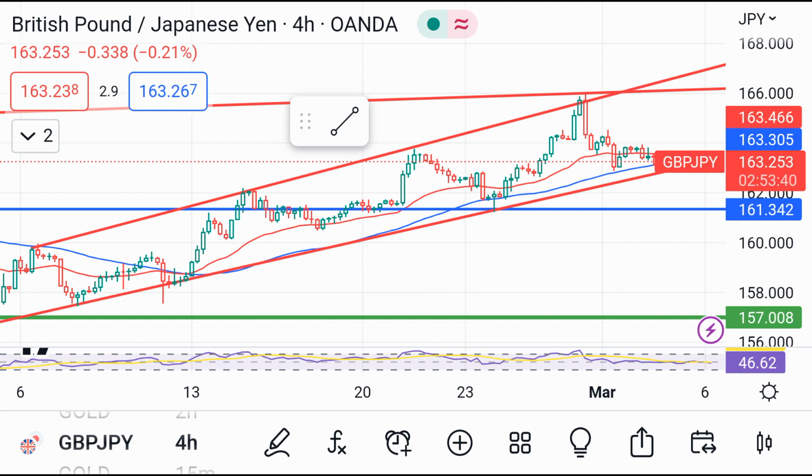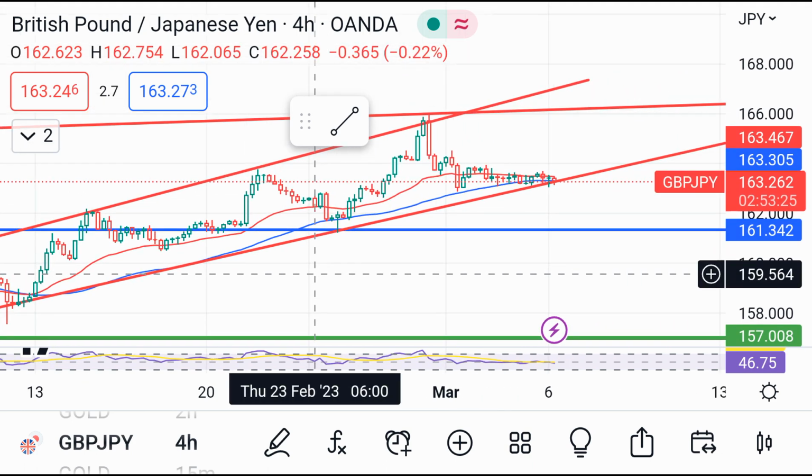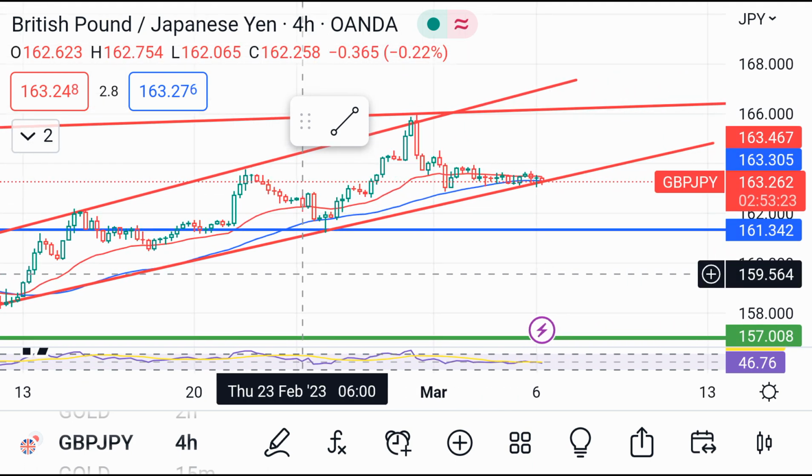You can see it is in an uptrend, but in some circumstances the price moves against the trend. So the best thing is to make the trend line your friend.